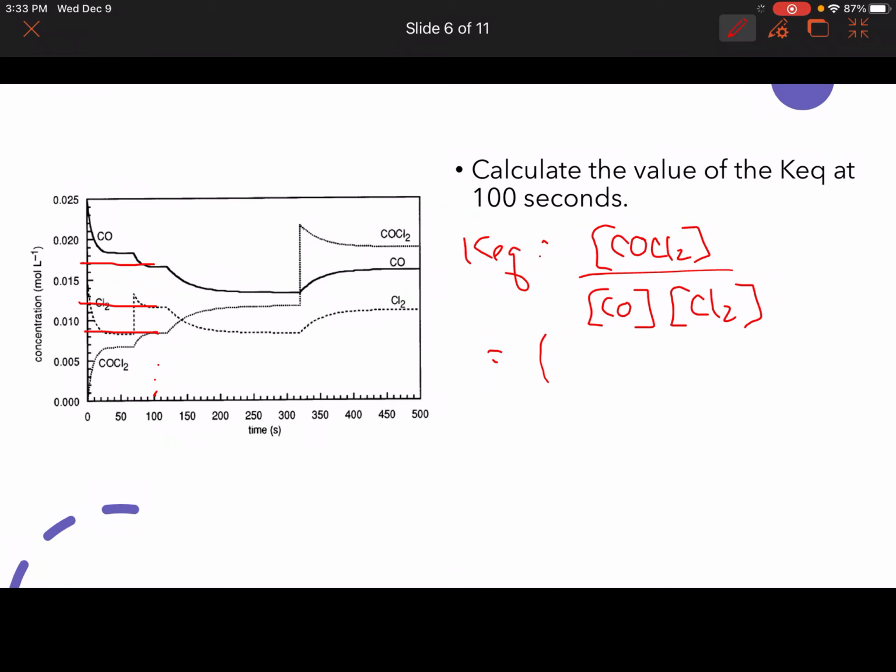So the COCl2, if I look there, that's going to be at about 0.00, I think that's kind of right around, let's say 82.